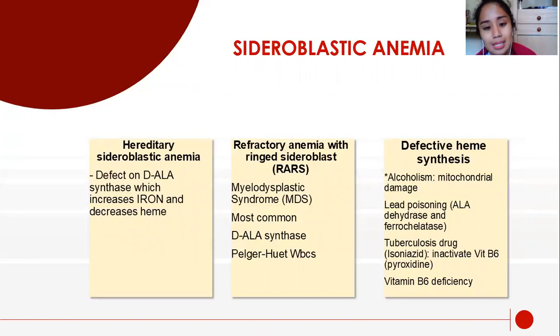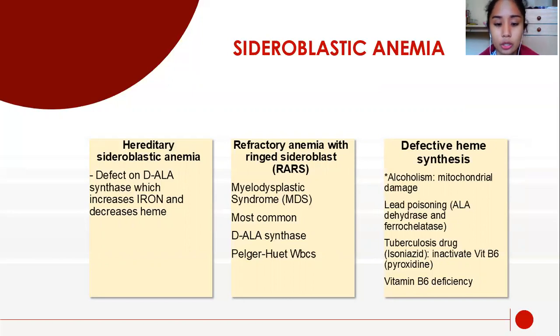Next, class, in our MDS, we have RARS, refractory anemia with ring sideroblasts. This is a very unique refractory anemia because this is the only time you will see sideroblasts. It is pre-leukemia, but it has a good prognosis. It is less likely to become acute myeloid leukemia. It is the most common one to see sideroblastic anemia.